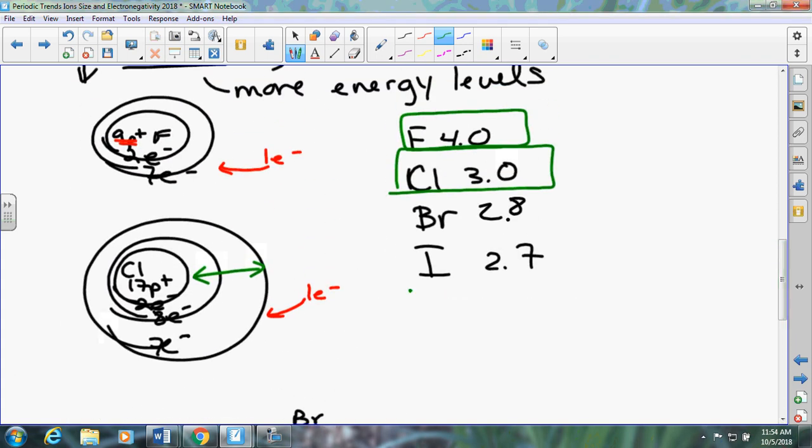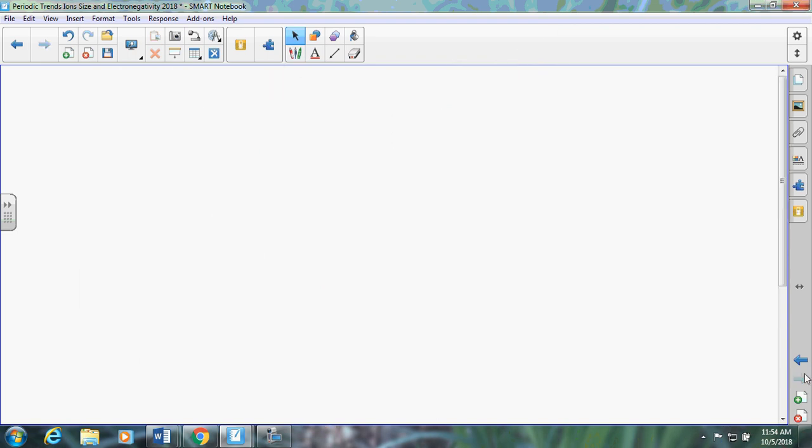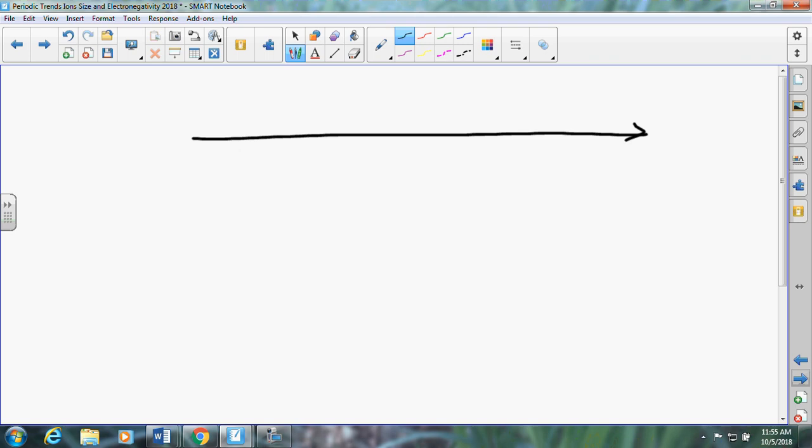So to summarize, your trends all fit into each other. Going across, and that's known as the period trend, we know atomic size or radius decreases. Our reason? The nuclear charge pulls them tighter.